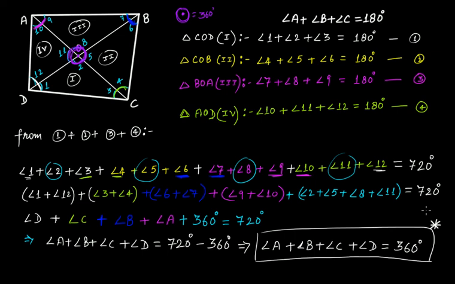Okay, so the angle sum property of the quadrilateral says that if ABCD is a quadrilateral, no matter whether it is convex or concave, angle A plus angle B plus angle C plus angle D is equal to 360 degrees, where angle A, angle B, angle C and angle D are internal angles of the quadrilateral.